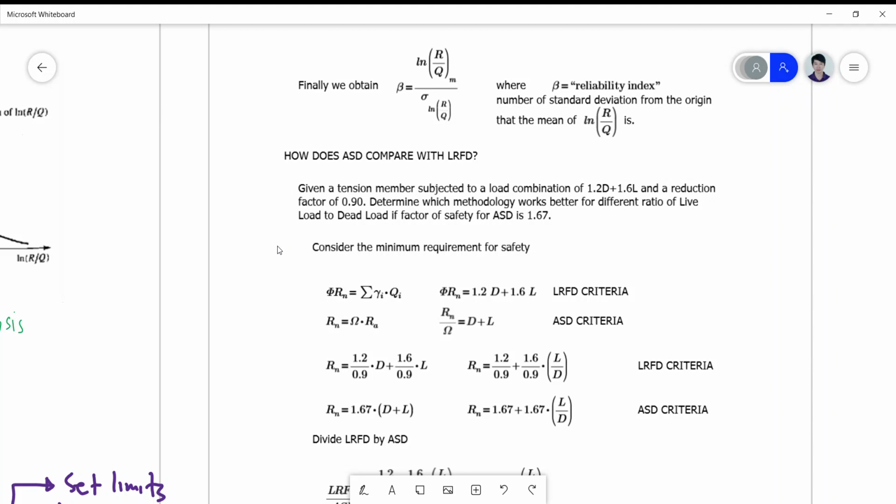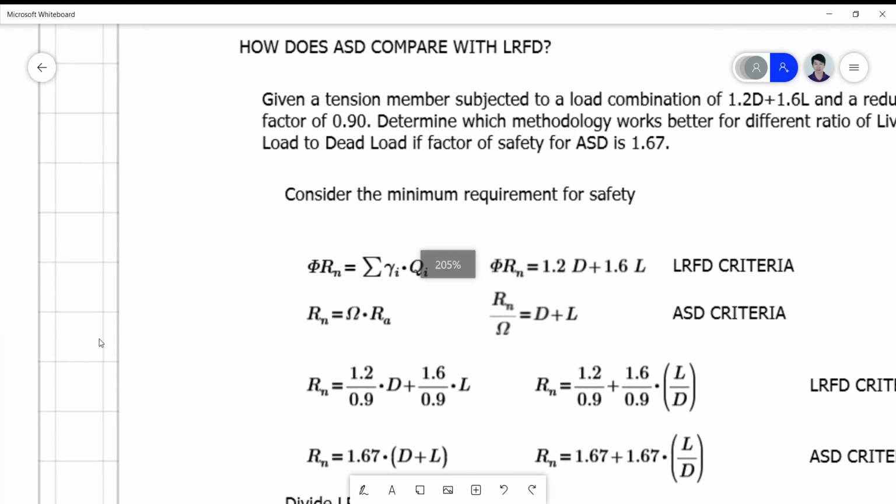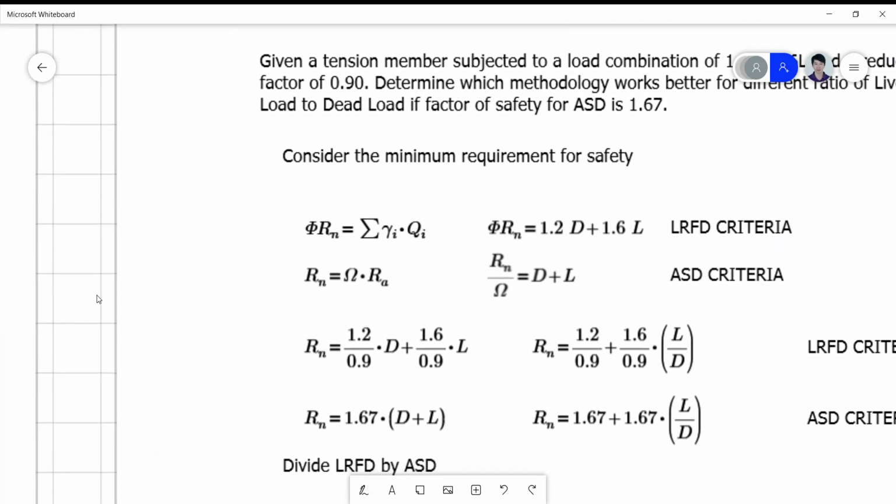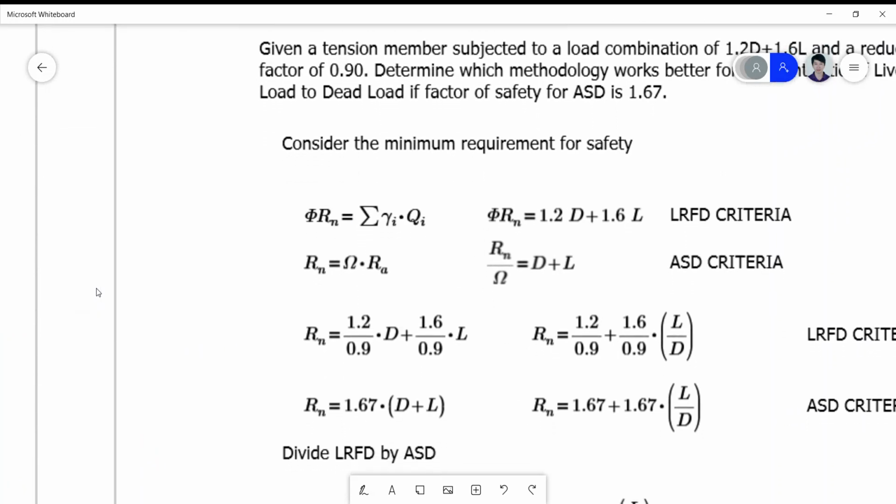So considering the minimum requirement for safety now, we take note that in LRFD, AISC, we use this load combination. Okay, and this combination is actually guided by the expression or the equation in this form.